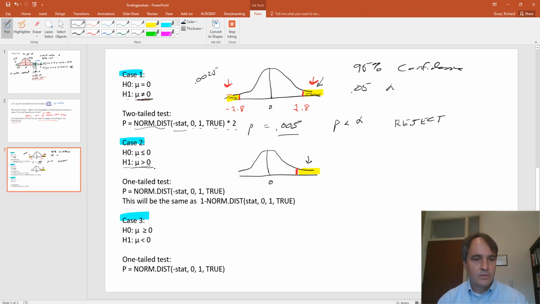So now how do we do this? Well, there's a couple of different ways. Remember that our test statistic was 2.8, so it's still at 2.8 here.